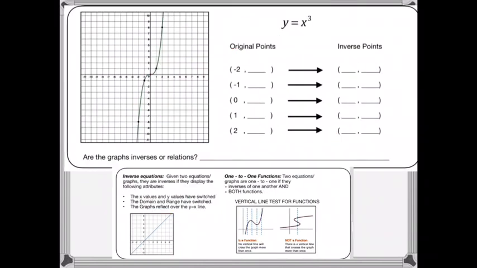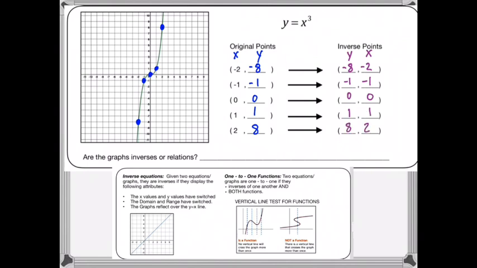Okay, so we have our cubic function, and I'm going to do the same thing. I'm going to get the x and y values all loaded up. And for the inverse points, we are going to do the same thing and switch the x and y's. So that is going to be -8, -2, -1, -1, 0, 0, 1, 1, and 8, 2.